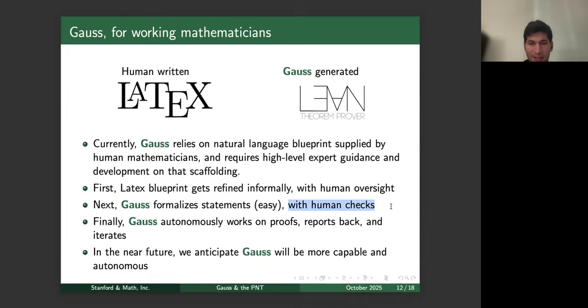Yes, this is exactly what I was going to say. It is very easy for Gauss to produce candidates that compile, so producing code that passes the verification check syntactically.